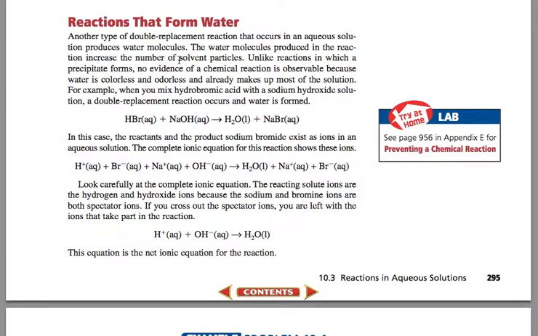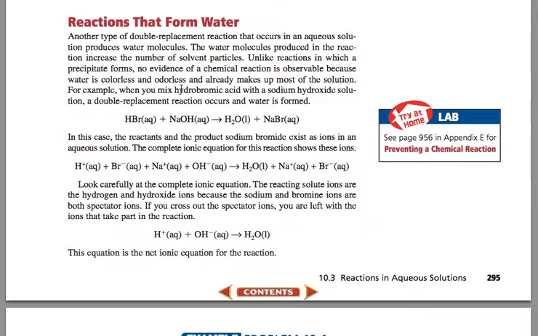Water is the solvent in the aqueous solution, and so there becomes more water in the solvent. Unlike reactions in which a precipitate forms, no evidence of a chemical reaction is observable. You can't see it because water is colorless and odorless and already makes up most of the solution, so you're not going to notice it.